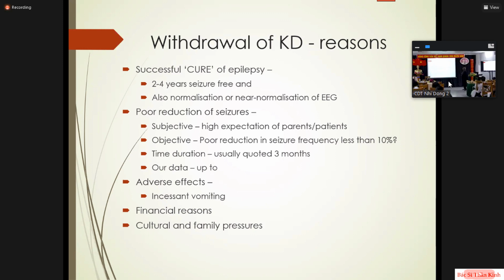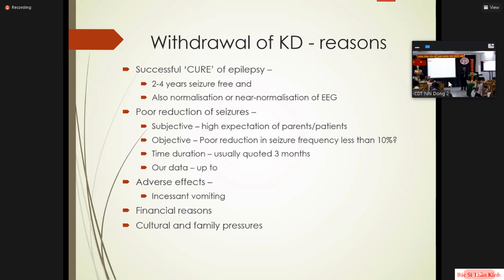The other reason is the poor reduction of the seizures. The parents want 100%, and if they get 80% or 70%, they're not happy. They say, we are going through so much difficulty, we have to prepare the meals specially for the child, and we haven't got 100%. So in the beginning, when you counsel them, tell them that it's not a 100% cure.